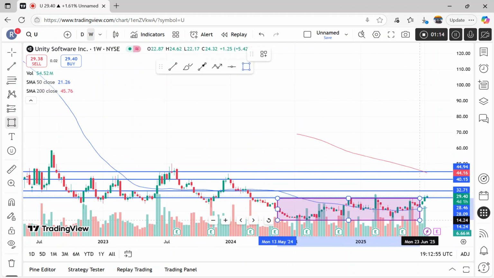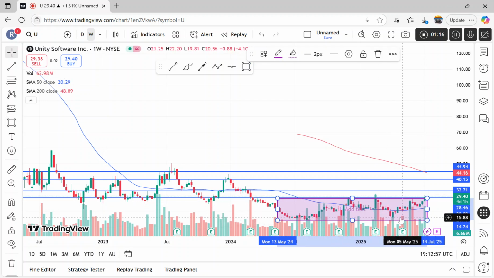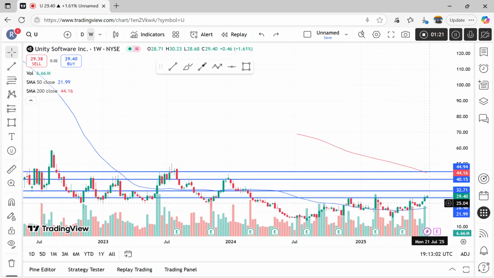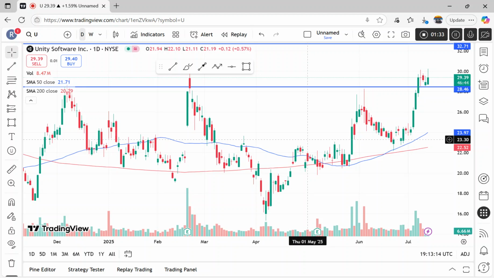And right now, if we zoom in on this box area, the stock price just broke through that box top on this weekly candle, and now it's trading above it. So let's come back to the daily chart.